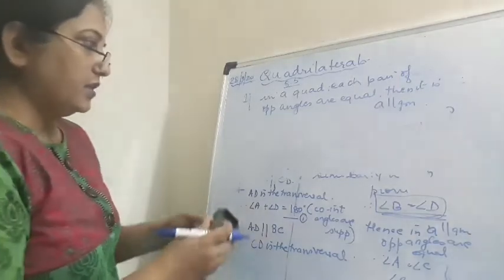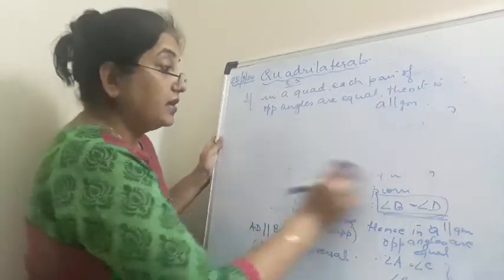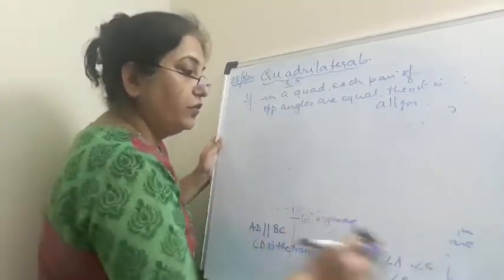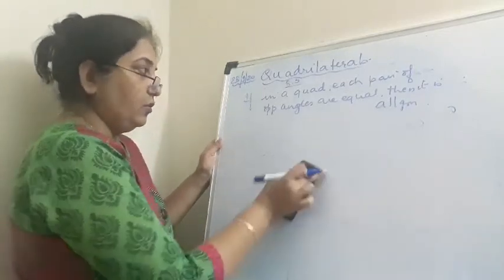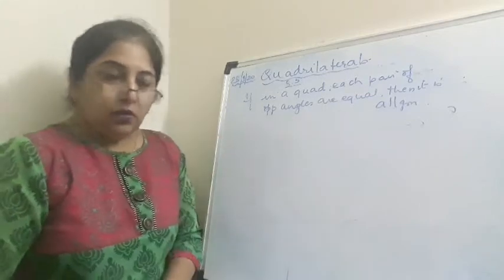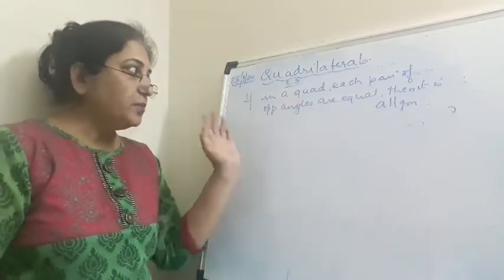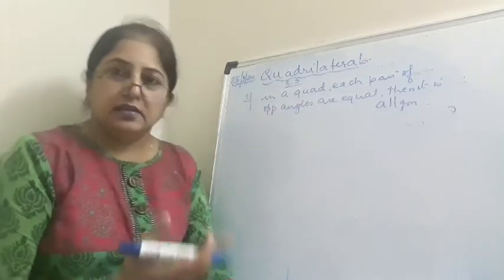When you read this statement, children, you will understand that this is the converse of the previous one. In the previous one, we have proved that in a parallelogram opposite angles are equal, and now because it is a quadrilateral and each pair of opposite angles are equal, then it is a parallelogram.